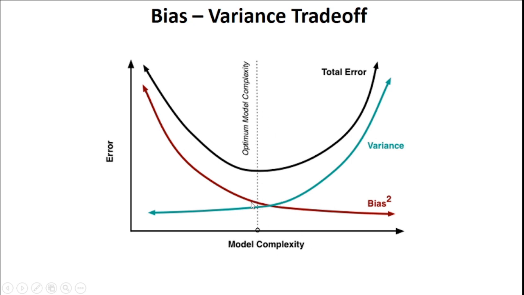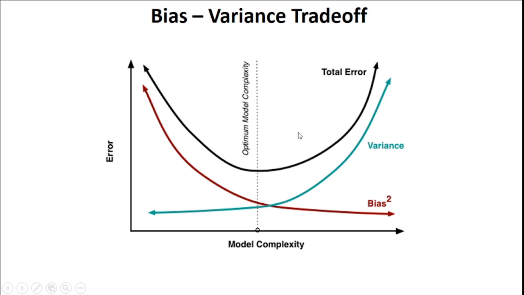At this point the model complexity is moderate and the error is low. This is the model we are going to choose. The left-hand side of the dotted mark comes under underfitting, and the right-hand side of this dotted mark is the overfitting region.